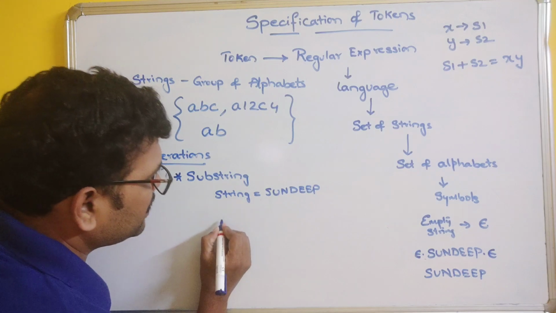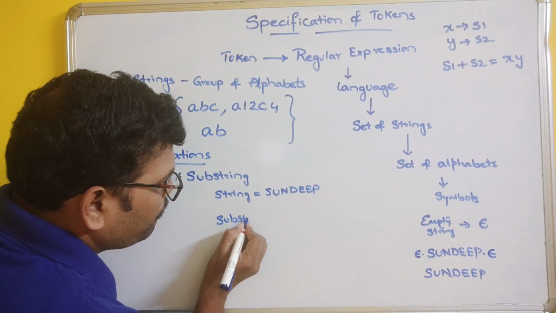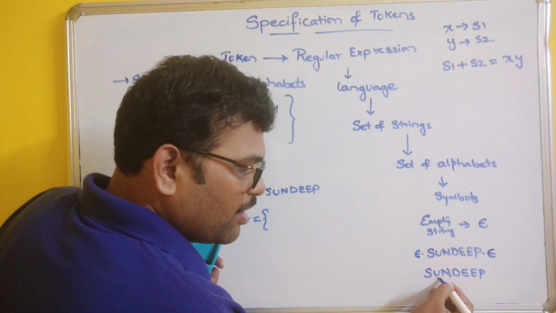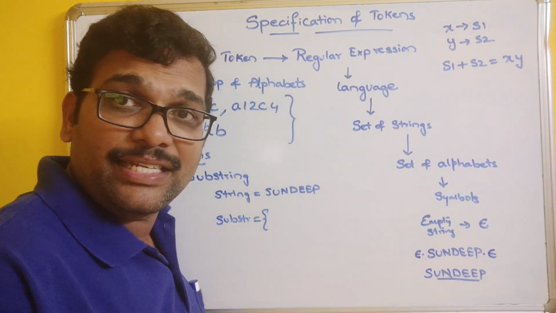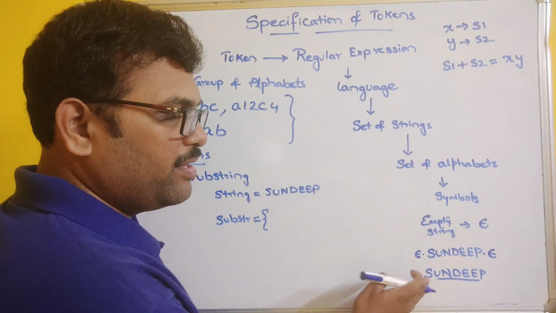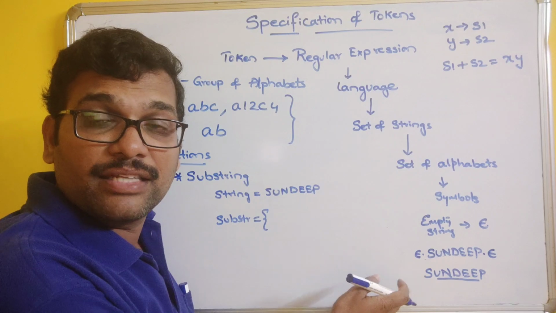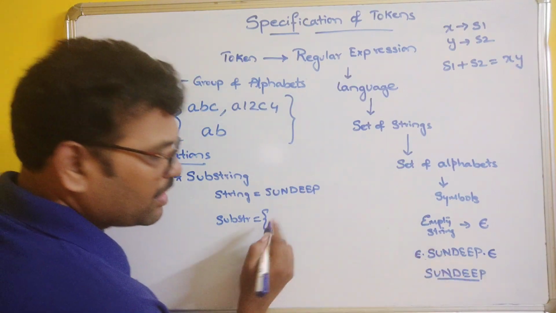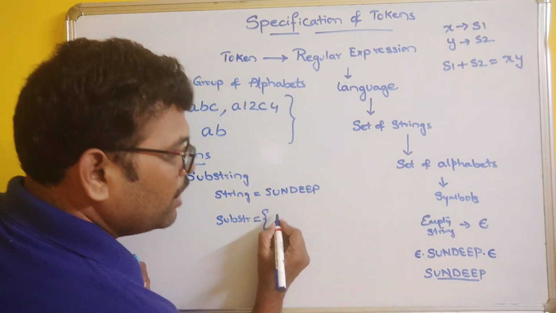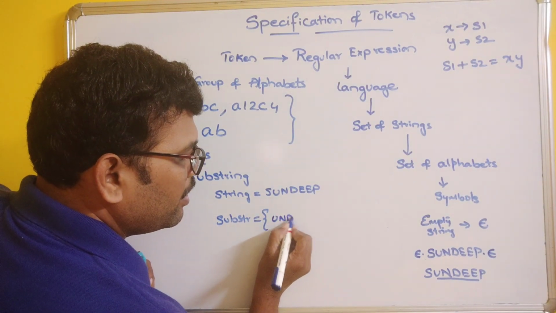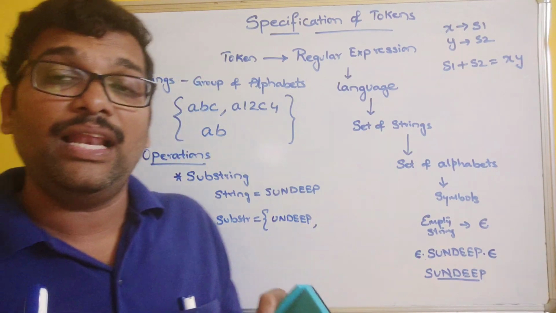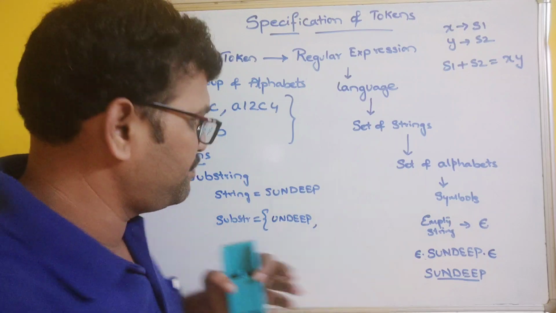Then the substring: if you consider SUNDEEP as a string, we have to eliminate the suffix and prefix. The substring will be UNDEEP, that means the string which is available in between the prefix and suffix.